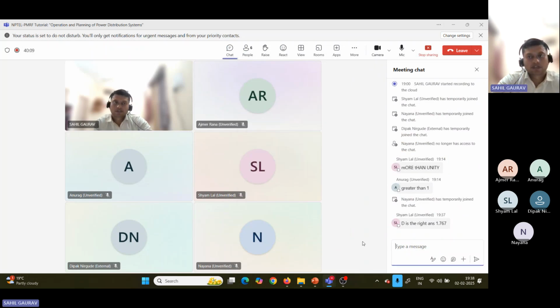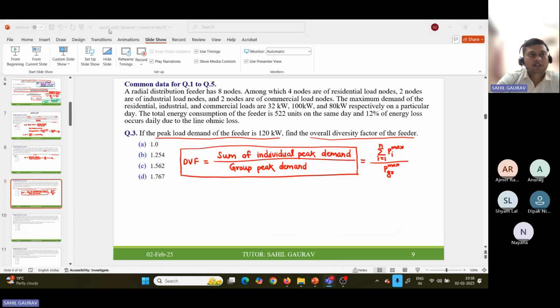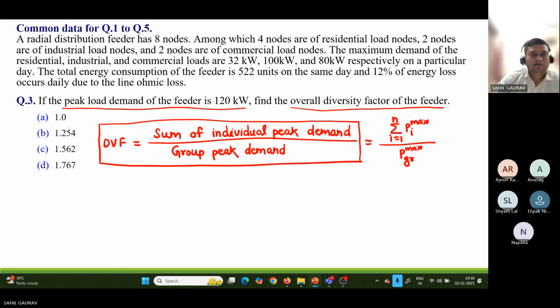Yes, correct, Syam, you are correct. 1.767. Very good. I got one answer. So they are asking about diversity factor of the feeder. For the feeder, there are three types of loads: residential load, industrial load, commercial load.